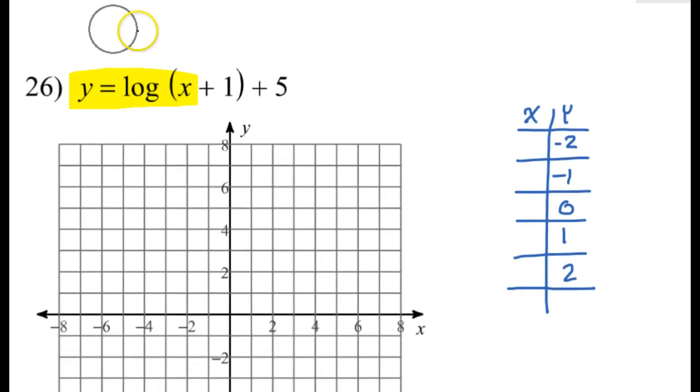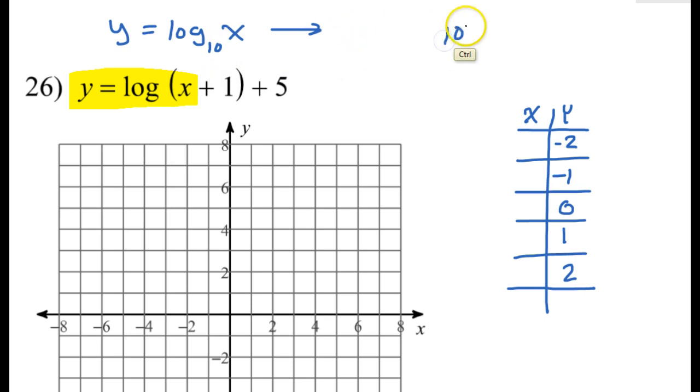So looking at the parent function, y equals log x. And of course it's understood that there's a base 10 here, the common log. If we were to rewrite this in exponent form, we'd have 10 to the y power is equal to x.